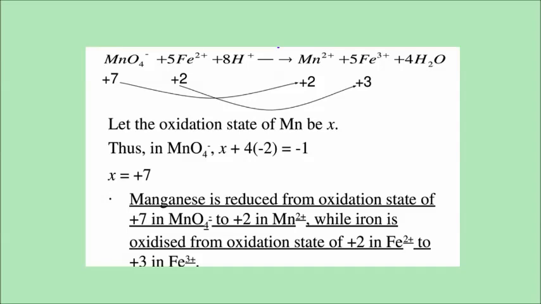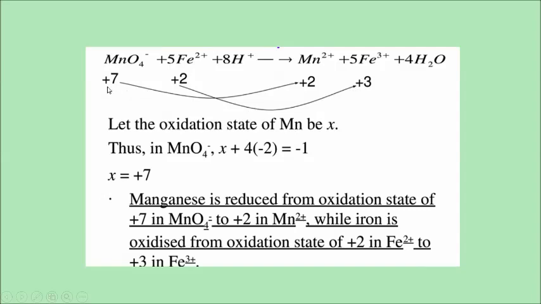Now we can understand one more thing. Manganese is reduced from an oxidation state of +7 to +2, while iron is oxidized from +2 to +3 in this reaction. For manganese it is +7 to +2, and for iron it is +2 to +3.